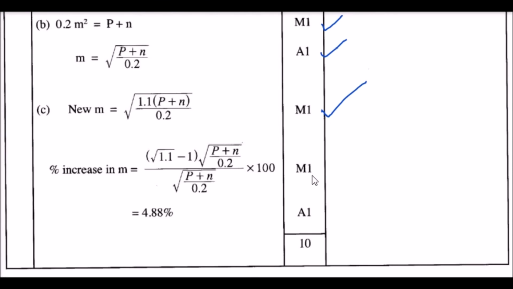Once you substitute that and get the percentage, you get another mark, and finally you get a mark for getting the answer, totaling 10. Our answer, we have obtained 5%, because I applied 2 decimal places when I was getting the square root of 1.1, which I still believe is correct to do.